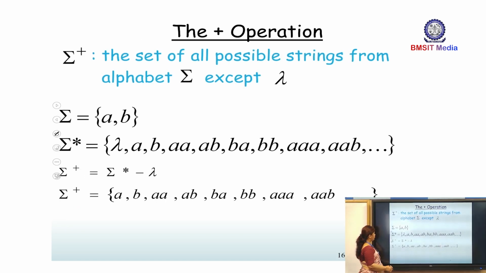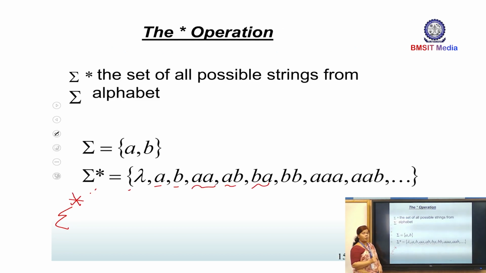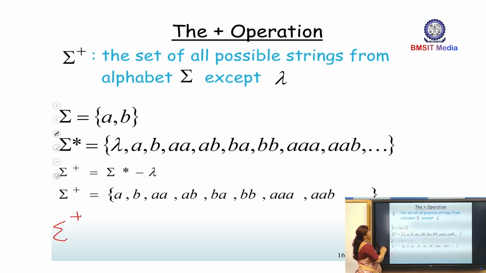Apart from sigma star, you have another operation which can be performed, which is sigma plus. The difference between sigma star and sigma plus is that sigma star consists of all possible strings from the given alphabet, including the empty string. But sigma plus contains all possible strings from the given alphabet set, but it does not contain the empty string.